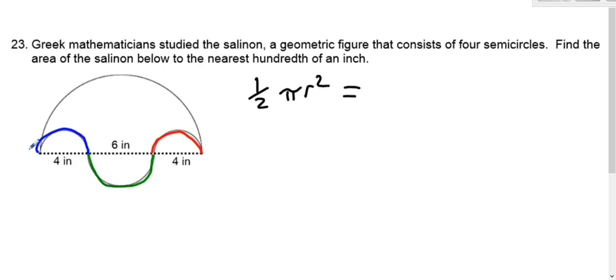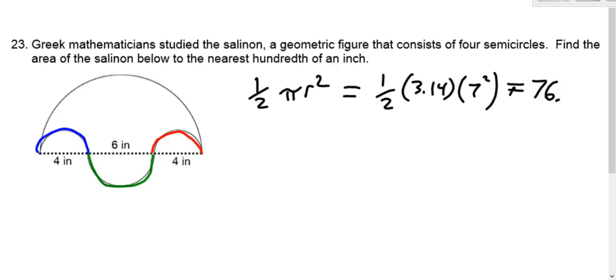The diameter of the big semicircle is 4 plus 6 plus 4, that's 14, which means the radius is 7. So you multiply that out and you get 76.93 inches squared. And that's for the black semicircle.